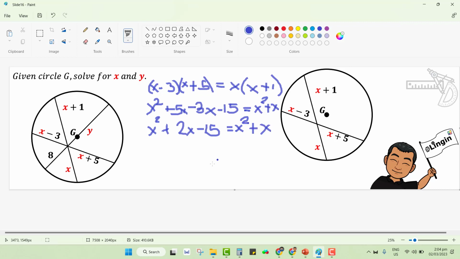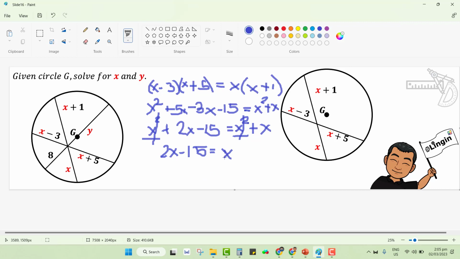Now it seems like you have a quadratic expression, but notice the presence of x squared on both sides, which you can simply cancel out because it will just be equal to 0 whenever we move this to the other side. So we are left with 2x minus 15 equal to x on the other side.